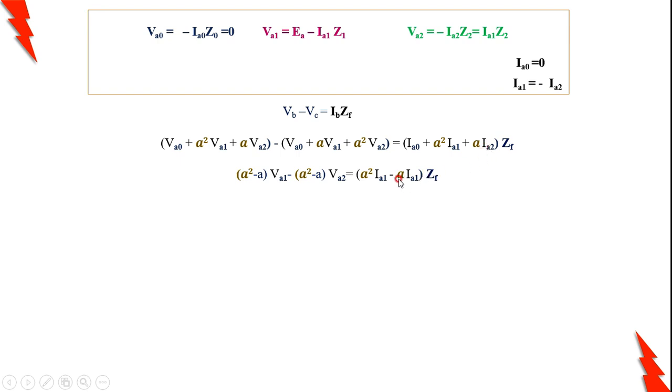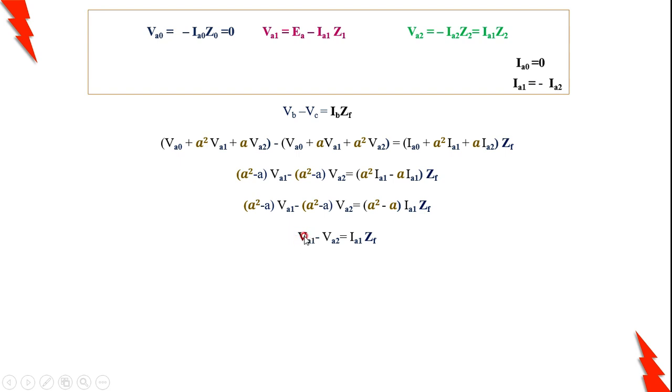Therefore, it is A square minus A IA1. Further, if we look here, A square minus A VA1, A square minus A VA2, A square minus A IA1 ZF. On either side, A square minus A is common and gets cancelled. Ultimately, the relation I am getting is VA1 minus VA2 is equal to IA1 ZF.